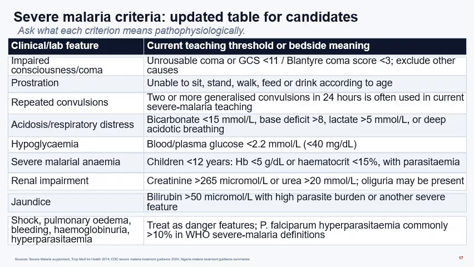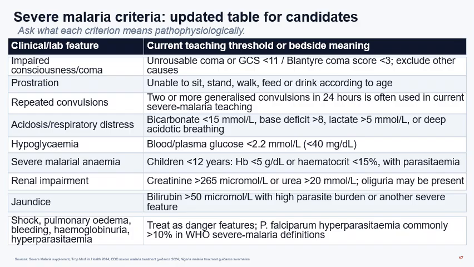Acidosis may be identified by deep breathing, bicarbonate below 15 millimole per liter, base deficit above 8, or lactate above 5. Hypoglycemia is glucose below 2.2 millimole per liter. Severe malarial anemia in a child is hemoglobin level below 5 grams per deciliter, or hematocrit below 15%, in the presence of parasitemia.